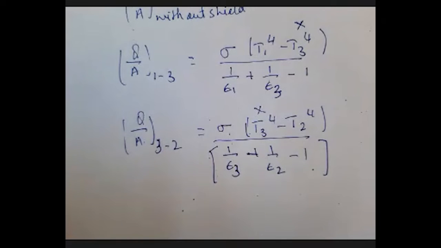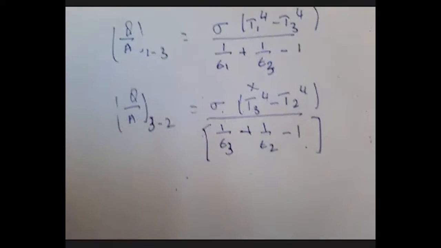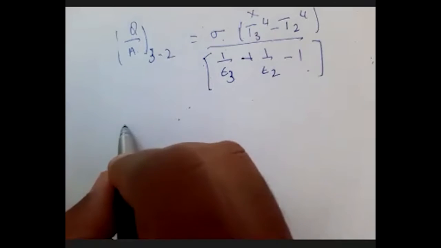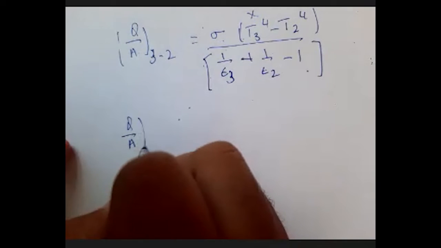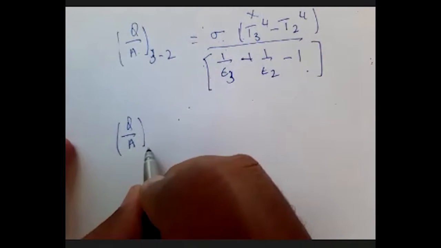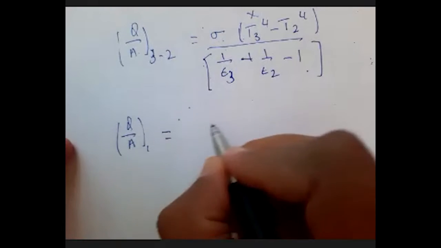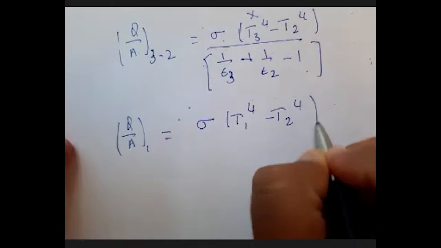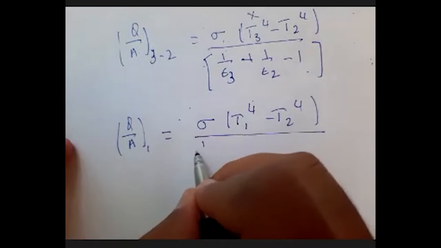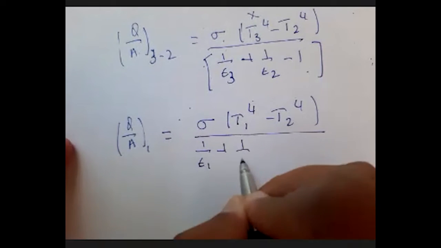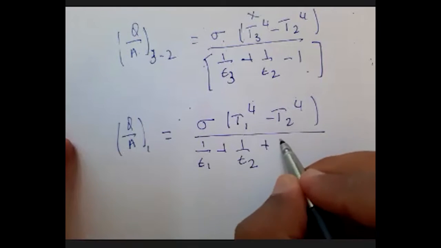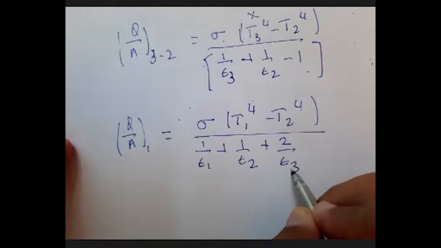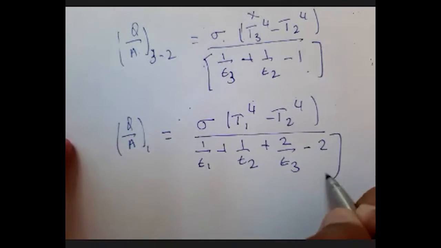But I know the equation for the heat exchange between the two surfaces if I have a shield. That is Q by A between 1 and 2, which will be nothing but sigma into T1 raised to 4 minus T2 raised to 4, divided by 1 upon epsilon 1 plus 1 upon epsilon 2 plus 2 upon epsilon 3 minus 2.